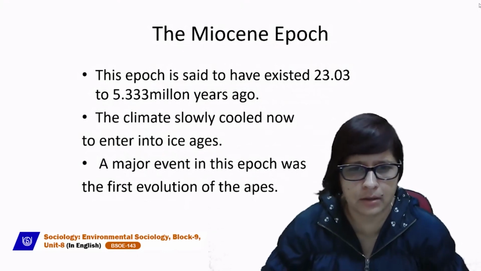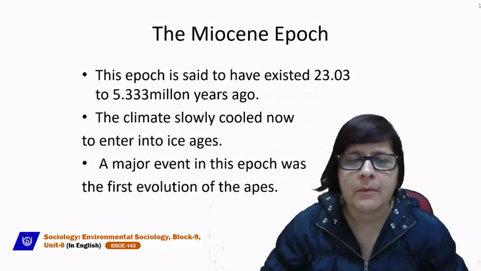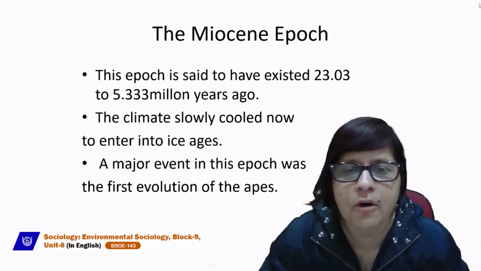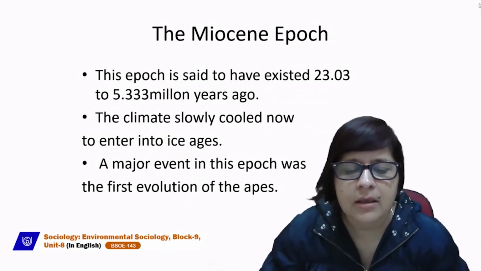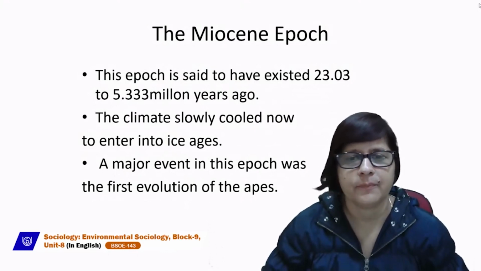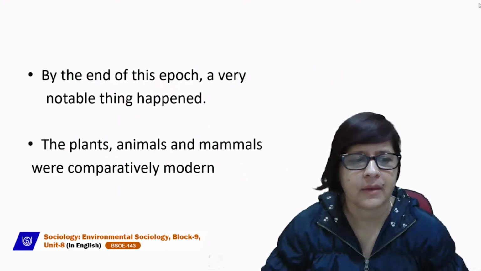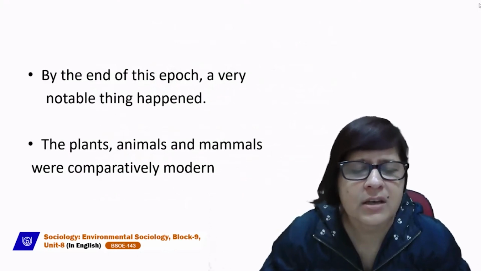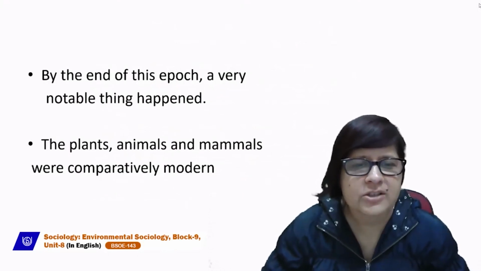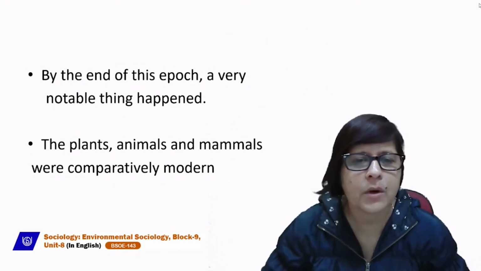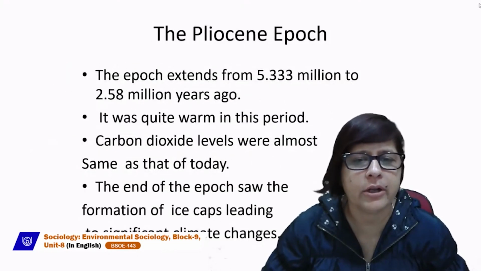A major event in this epoch was the first evolution of the apes. By the end of the Miocene epoch, the plants, the animals, and the mammals were comparatively modern.